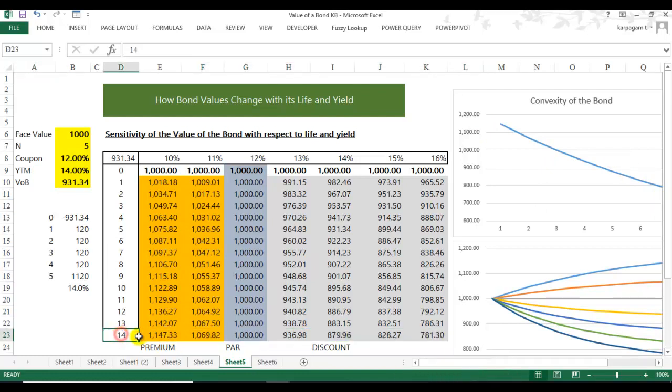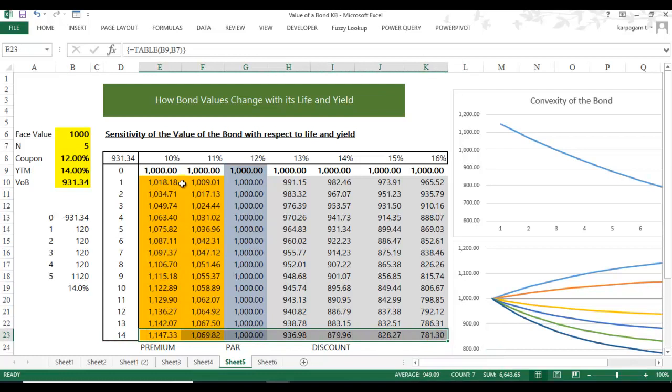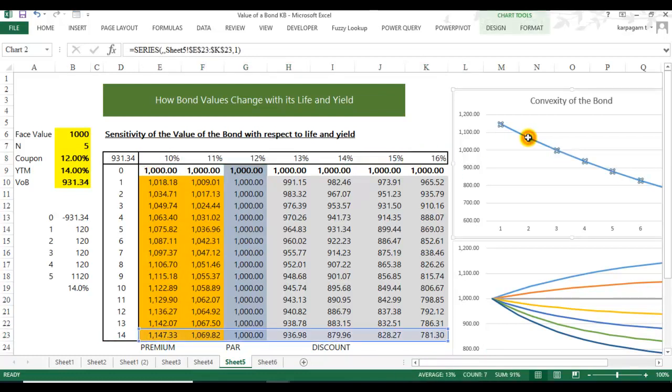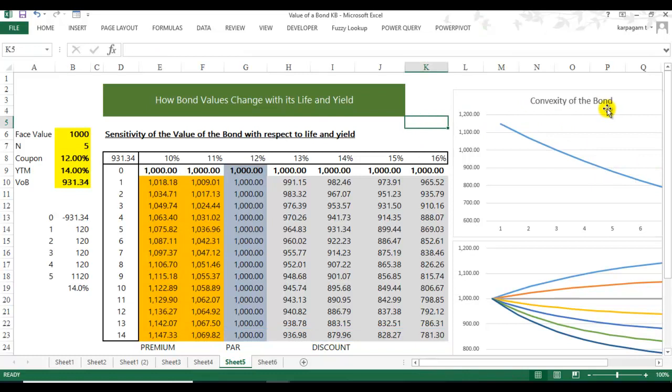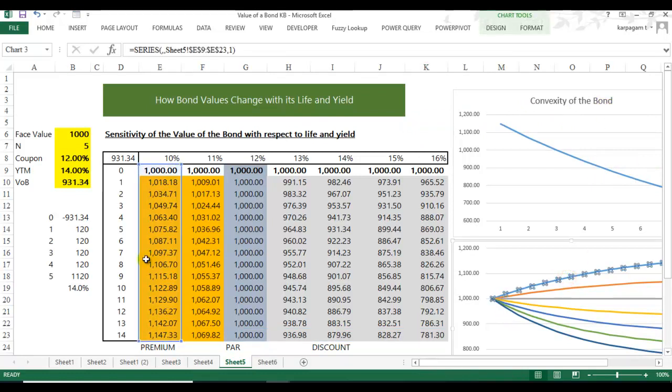So for a 14-year bond, the way its price changes when the yield to maturity changes has been plotted here. And you will notice it is not a straight line. There is a bit of a curve, and that is called the convexity of the bond. And then these are the different bonds and the way they move towards 1000 when the life reduces.